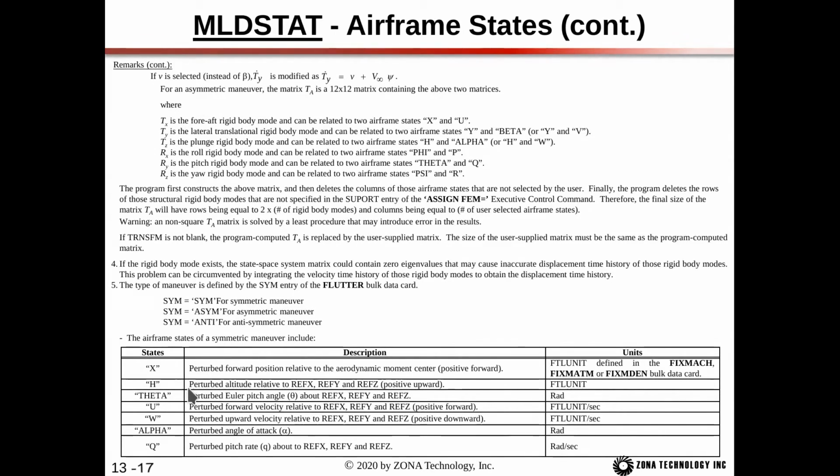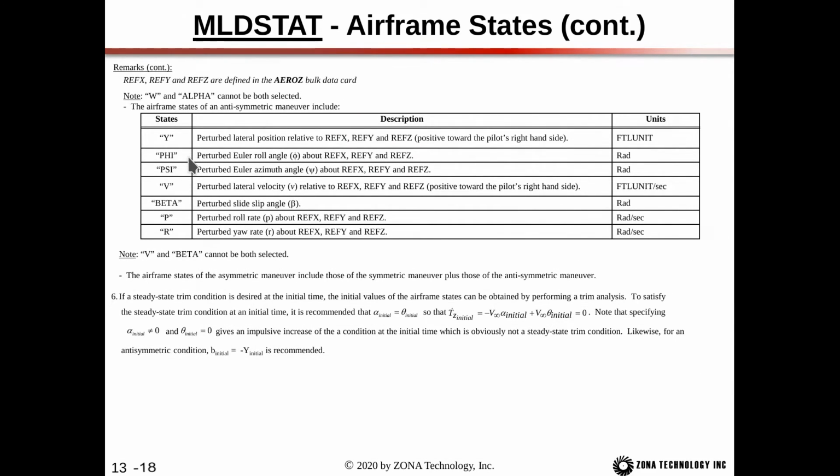So our states are defined here. Theta is in radians, alpha is in radians, Q is in radians per second. And similarly, phi, psi, and beta are in radians, and P and R are in radians per second.